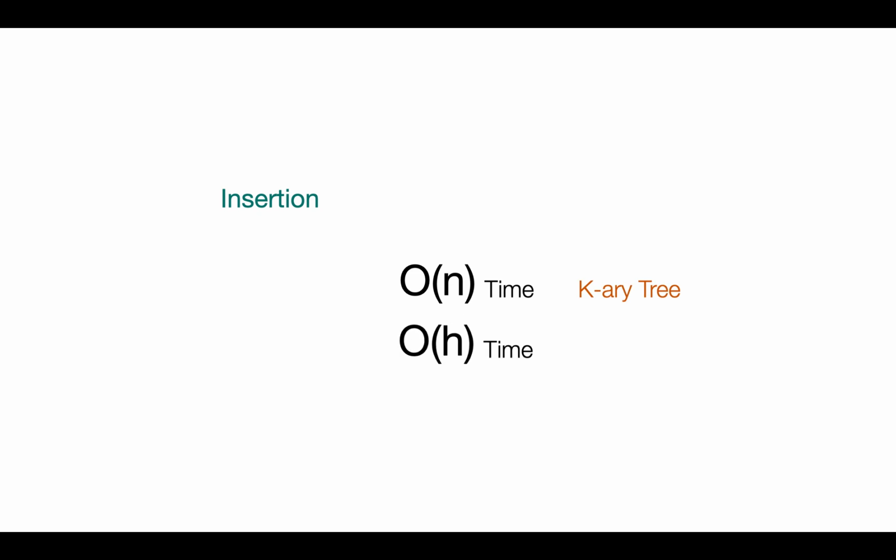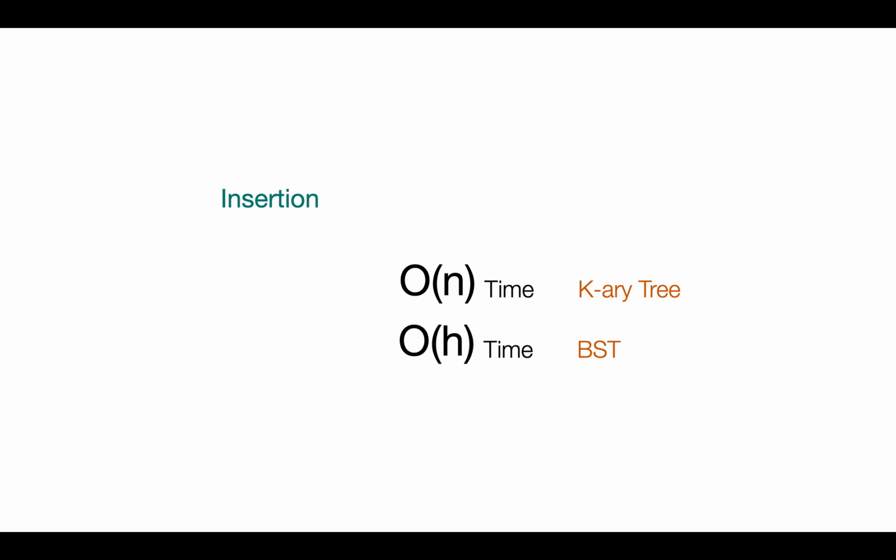Now let's analyze complexity for insertion and deletion. For inserting any element, in the worst case, we might need to traverse n nodes, so the time complexity will be order of n. And for a BST, searching is going to take order of h running time, so the complexity will be order of height of the tree.